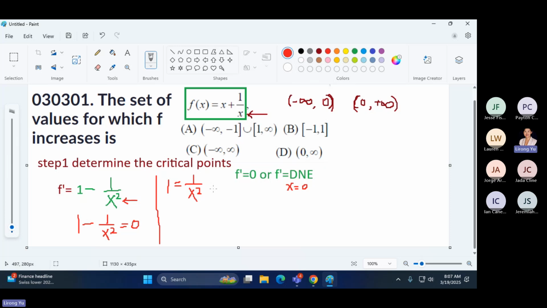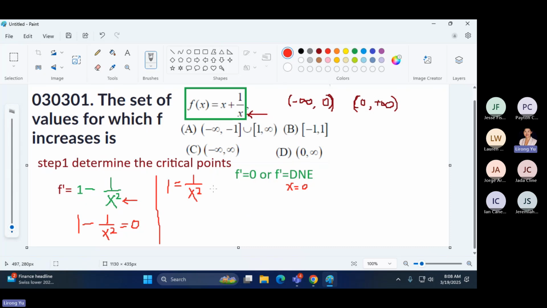Well, can you guess the solution? It's not a long equation, it's a short equation. I wonder if I already see the solution. Just x equal to square root of 1. So x is positive.